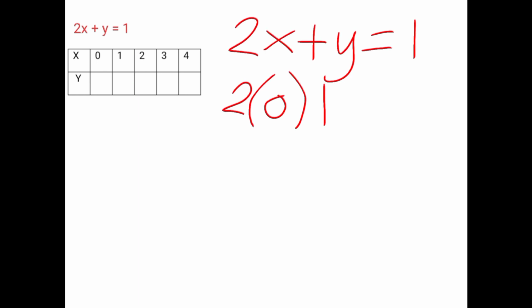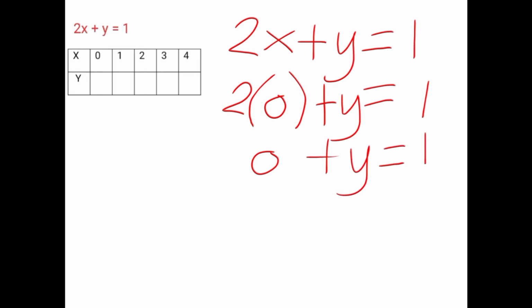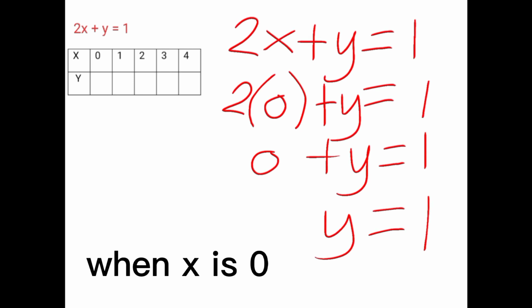So 2 times 0 plus y equals 1. What is 2 times 0? That is 0, plus y equals 1. Therefore, y is equal to 1, or the value of y is 1 when x is 0.